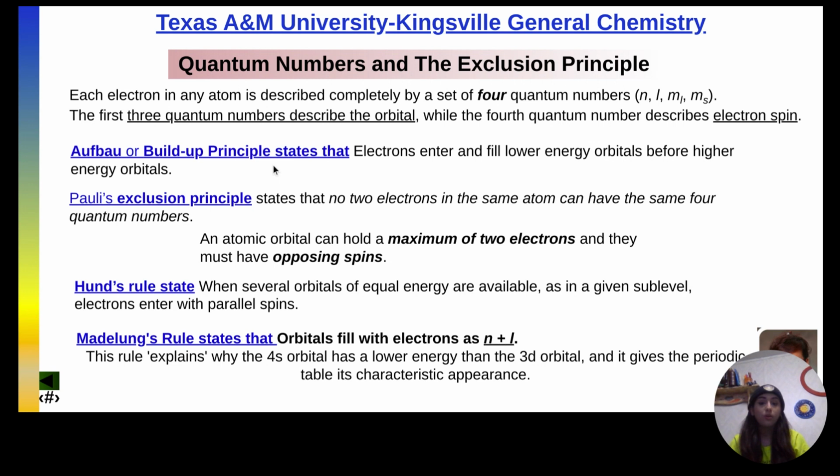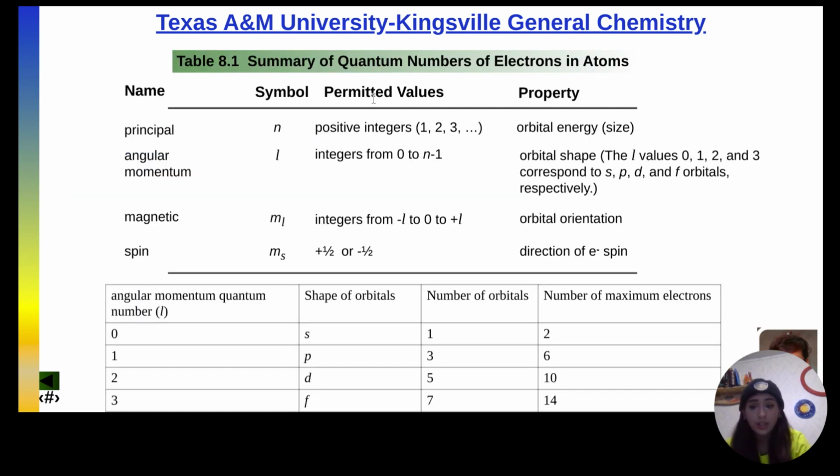Moving on, quantum numbers and the exclusion principle. Each electron in any atom is described completely by a set of 4 quantum numbers, n, l, ml, ms, which we just went over. n is our principal, l is our angular momentum, ml is our magnetic, and ms is our spin.